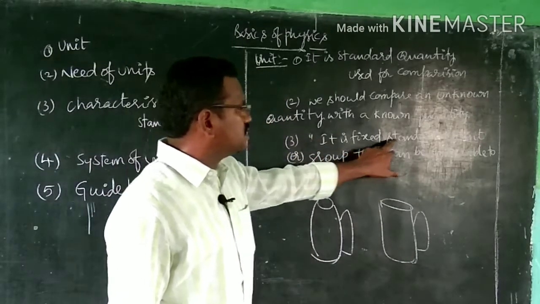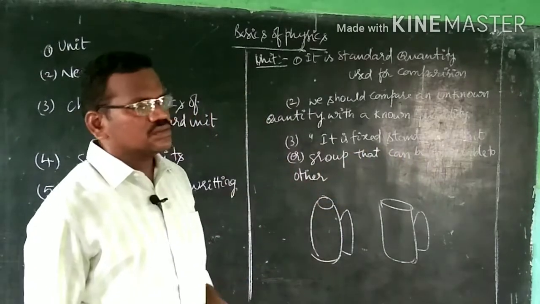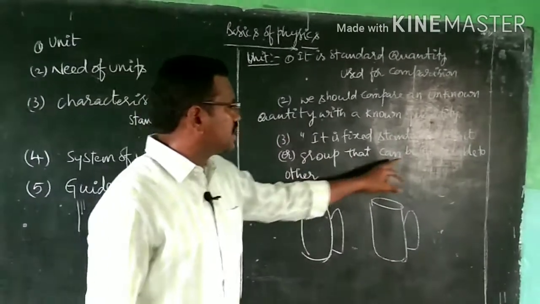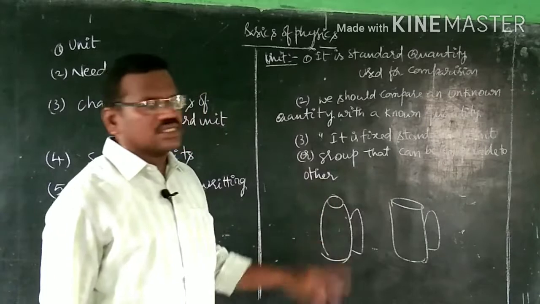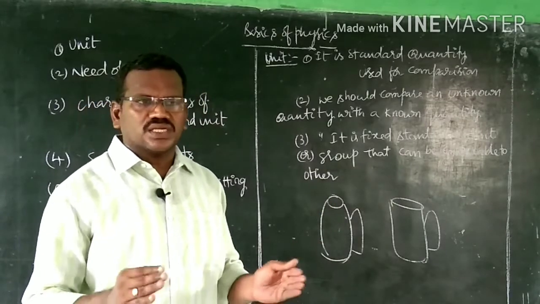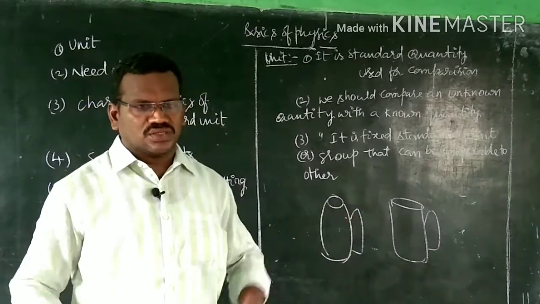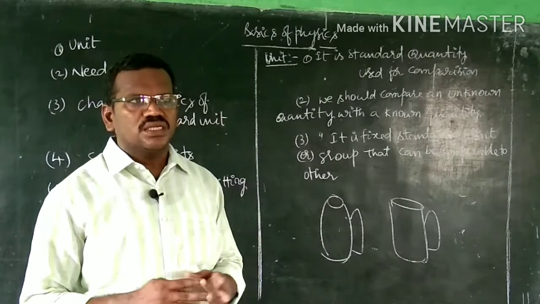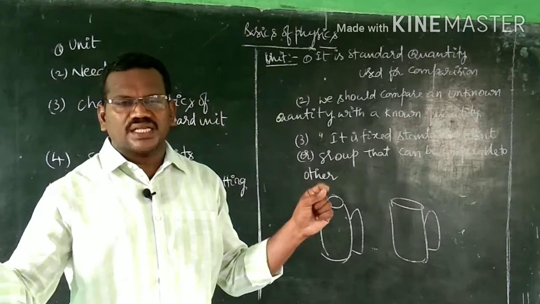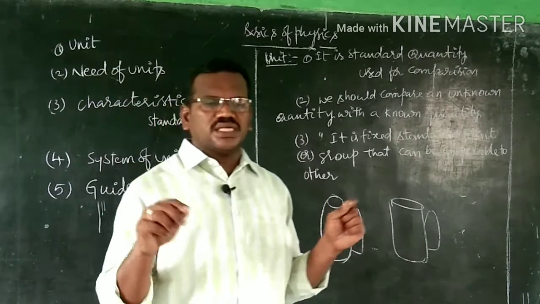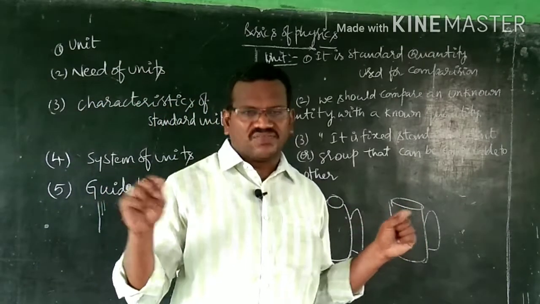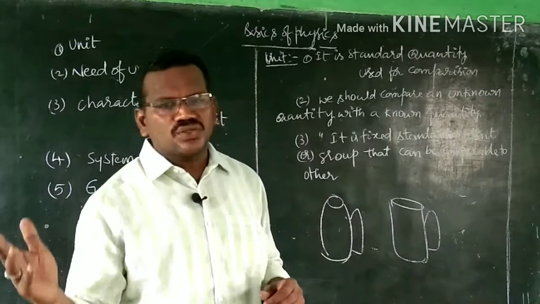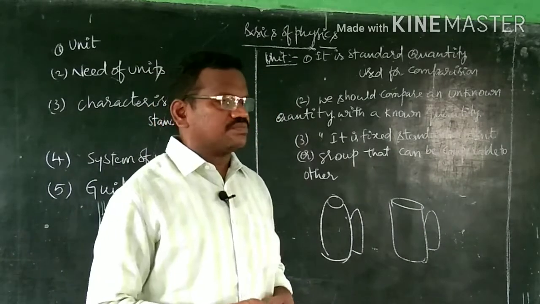It is the fixed standard amount or group that can be comparable to the other. For example, we require 1 meter of cloth. For that purpose, what is the merchant doing? He is using an iron scale which is half a meter in length. If you measure 2 times, it becomes 1 meter.